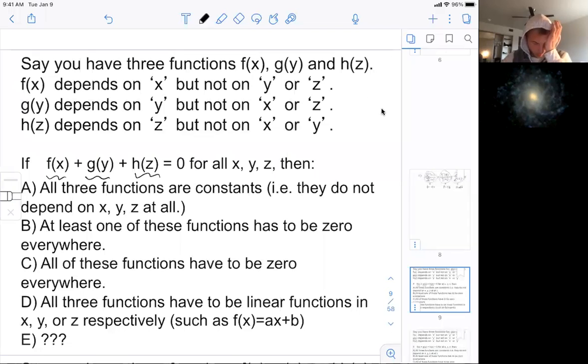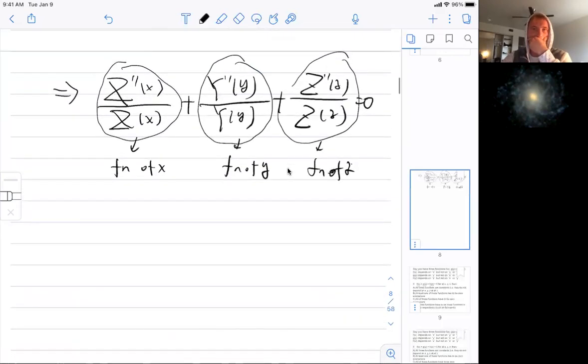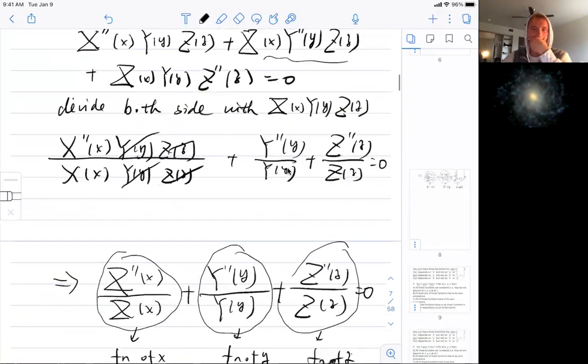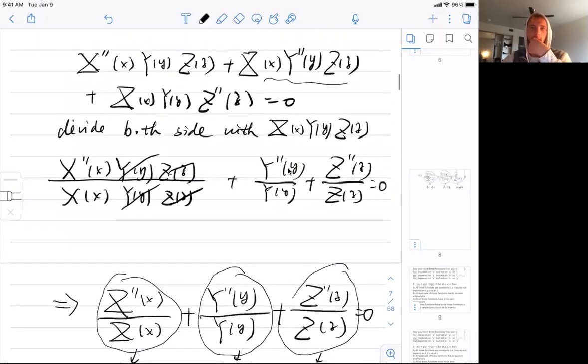Dr. Ryan, do you mind scrolling up again when everyone's gone? Yep. I don't think I wrote down your notes correctly. For example, divide both sides by a function of x, a function of y, and is that a function of z? Yes. Okay.